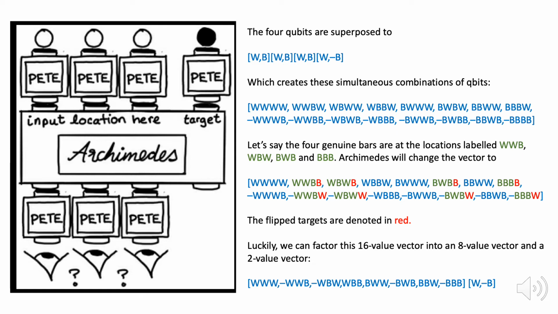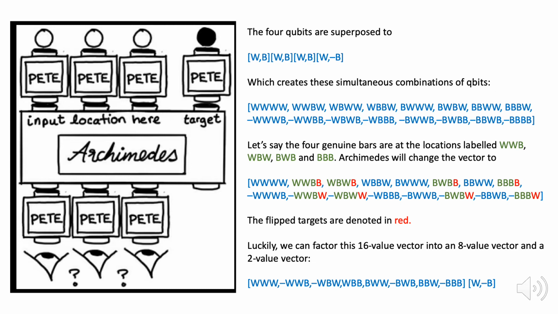There's a vector here with 16 possibilities: white, white, white, white, white, white, black, white, white, black, white, white, etc. And for the possibilities that include the negative black option, the negative sign carries through within that overall 4-qubit number.